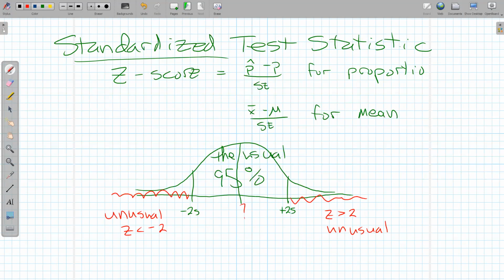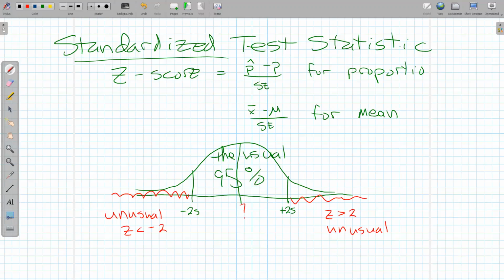So based on sample data, we can calculate a z-score, and right away, if we see numbers outside of this -2 to 2 range, we go, whoa, something's going on. And if it's inside that range, you're like, ah, this is pretty typical, no big whoop. So it just gives us another way to talk about what's usual and unusual, and it's a common practice in statistics.